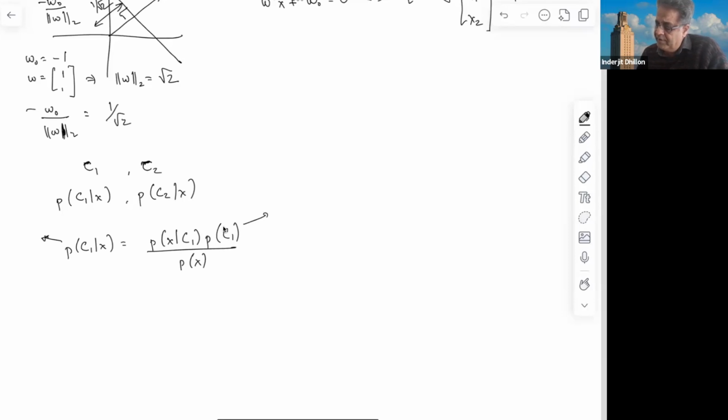P of C1 is often called the prior, in this case the class prior. So it's the prior probability of belonging to a particular class. This is what we are interested in, which is the posterior. So that's what it's called. It's the posterior. And this is the data likelihood.